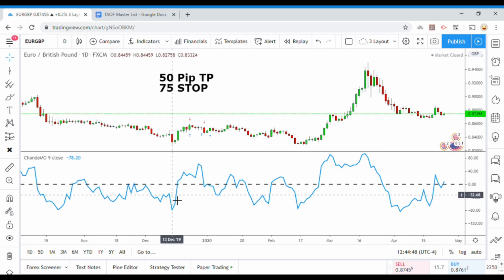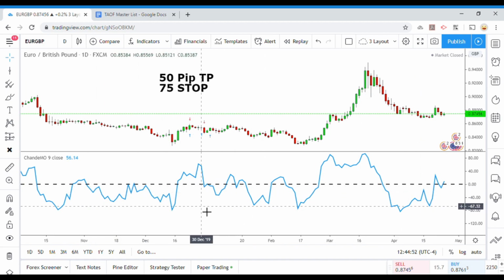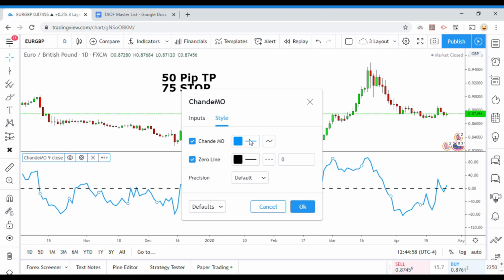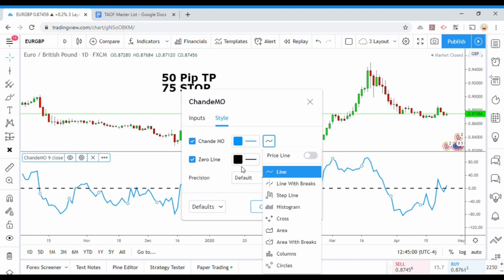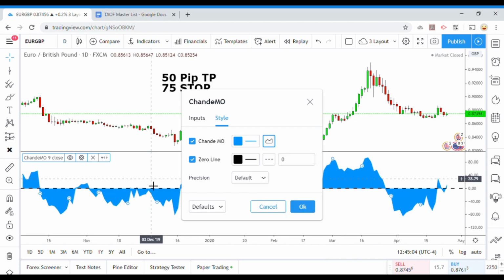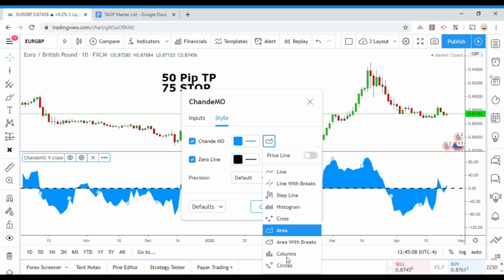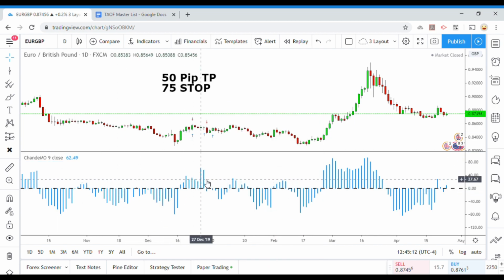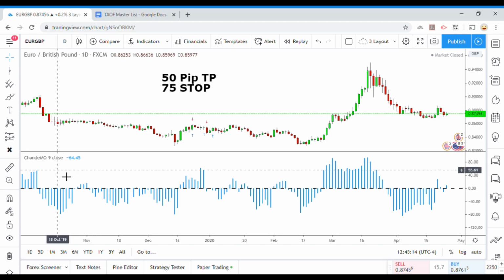The indicator itself basically is a zero line oscillator. In TradingView, we can change it to a histogram, or keep it as a line.